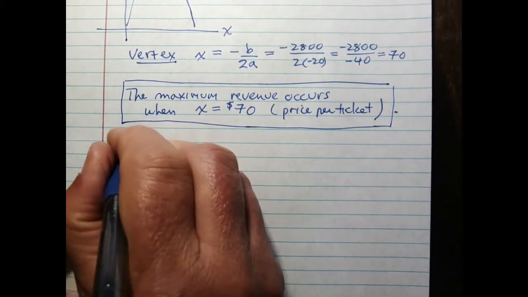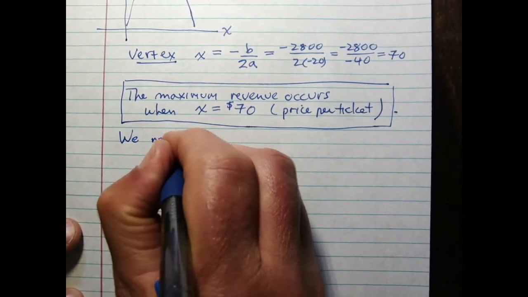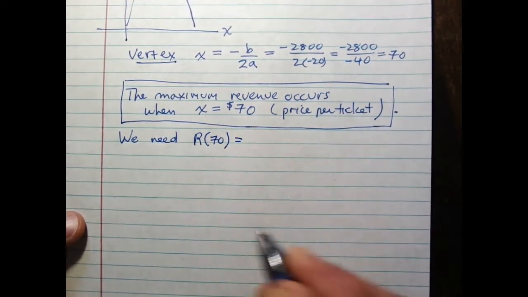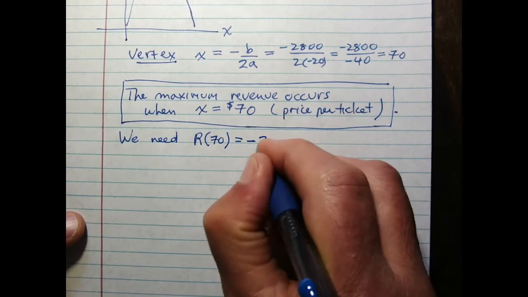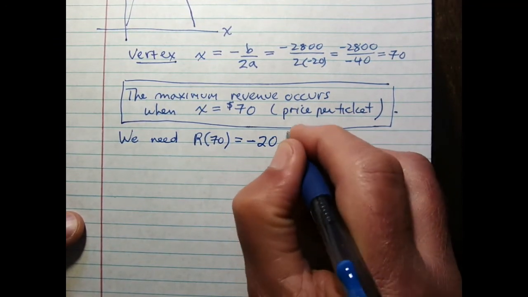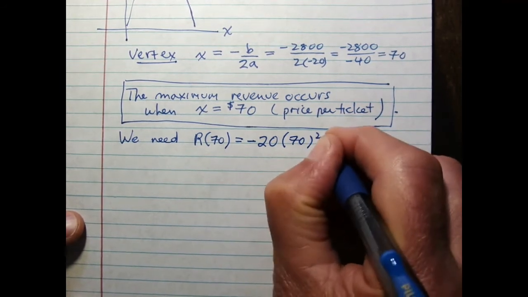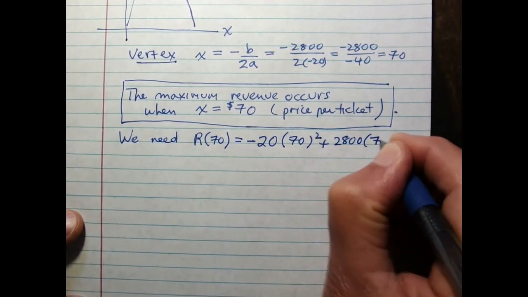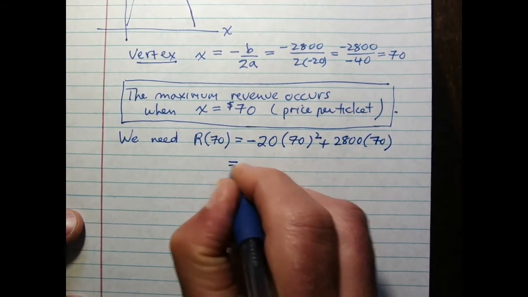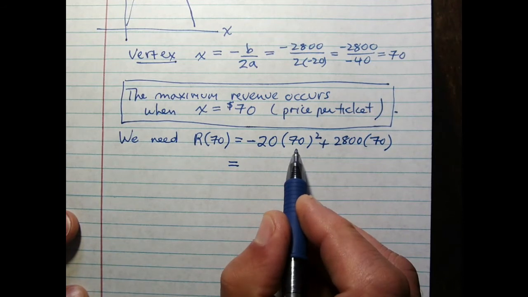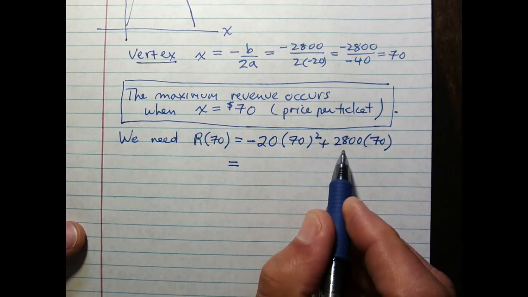We also need to evaluate R of 70, because we want to know what the corresponding maximum revenue is. How much money are we actually making? That's negative 20 times 70 squared plus 2,800 times 70.